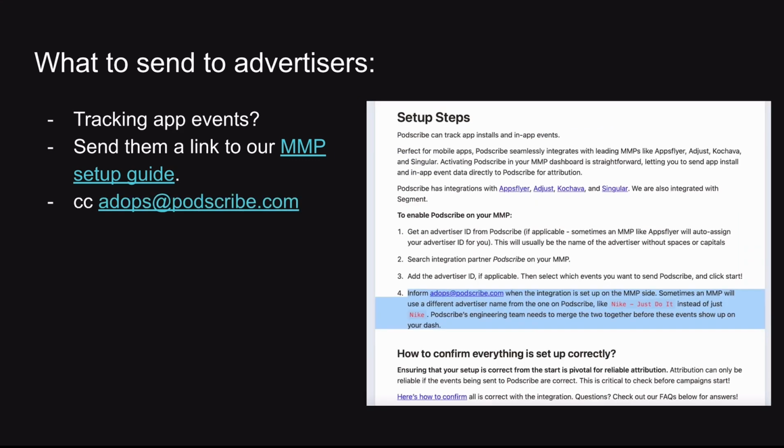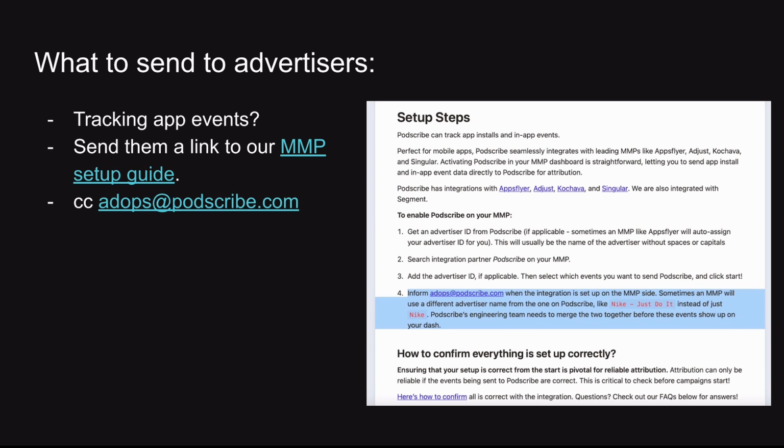One thing about MMP integrations is that they cannot always be done completely independently, particularly with AppsFlyer, because a problem that advertisers will have is that they don't have the ability to type in a brand name. The MMP AppsFlyer automatically chooses the brand name for them, which means that our system will get those events, but it will not know what brand those events are connected to, because the name will usually be different.